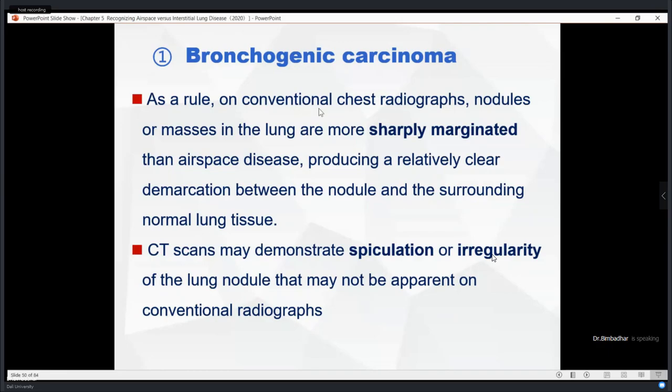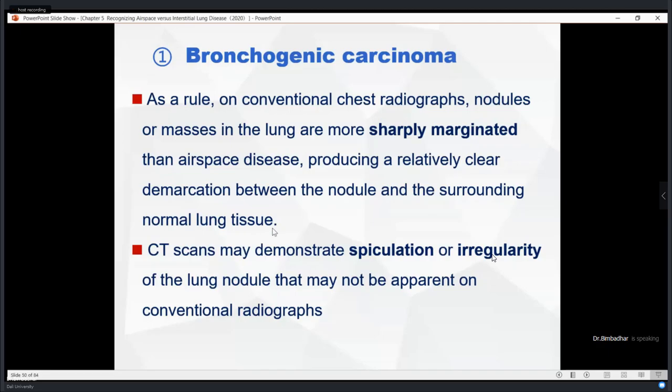On conventional radiographs, you will have a sharply marginated opacity, which is entirely different from airspace disease, producing a relatively clear demarcation between the nodule and the surrounding normal lung tissue.